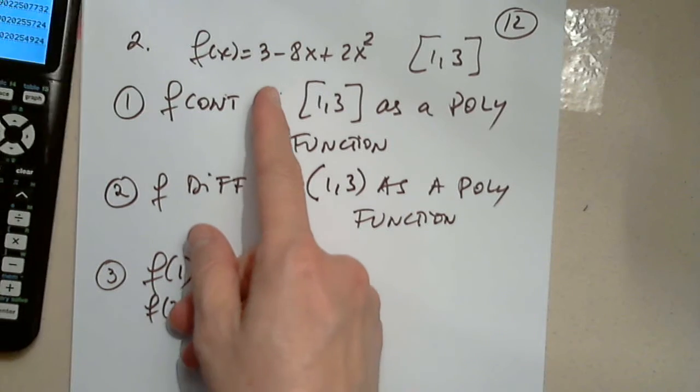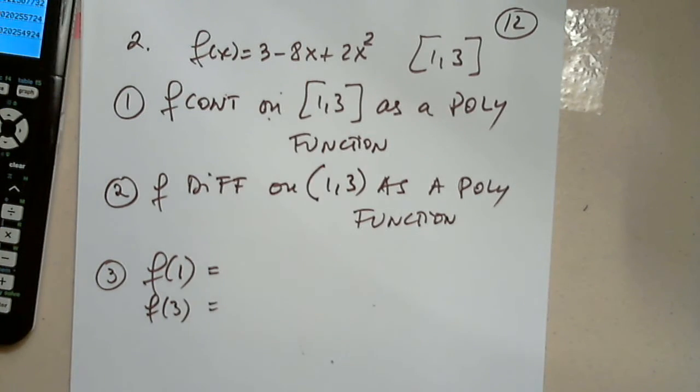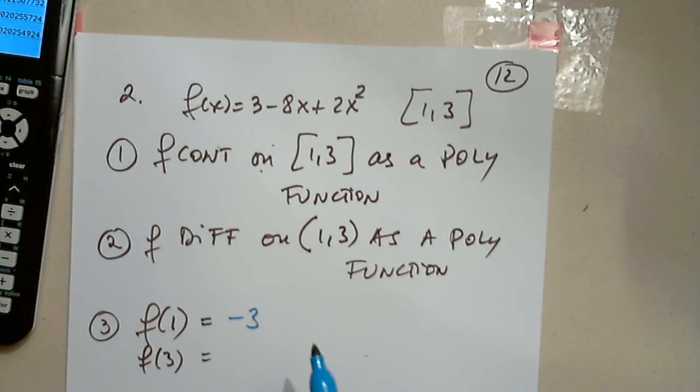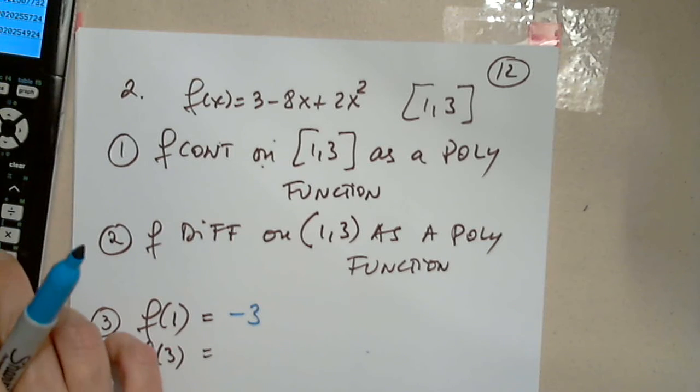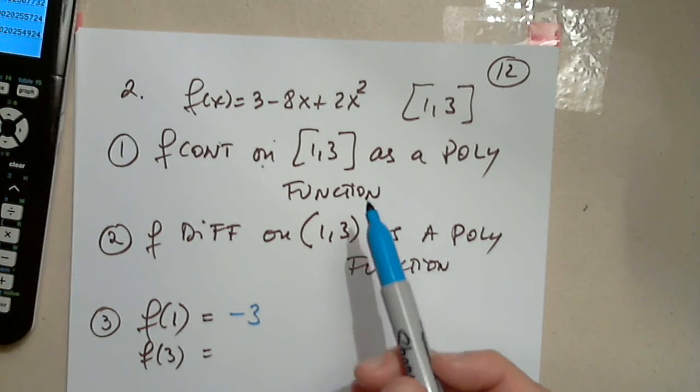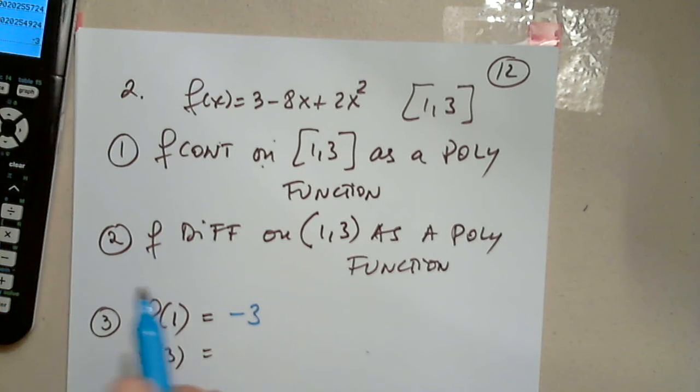So I have, what is it? 1 minus 8 is negative 5. Negative 5 plus 2, I got negative 3. 3 minus 24 and plus 2 times 9, which is 18, I got negative 3.